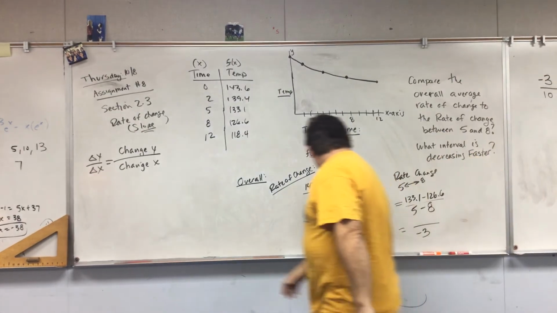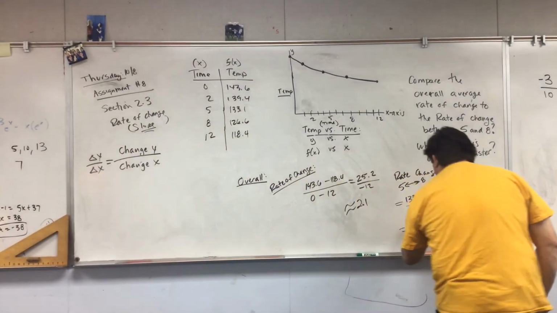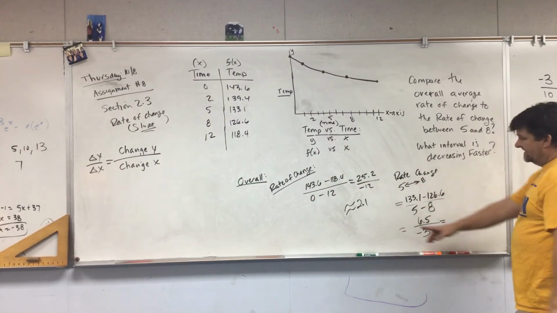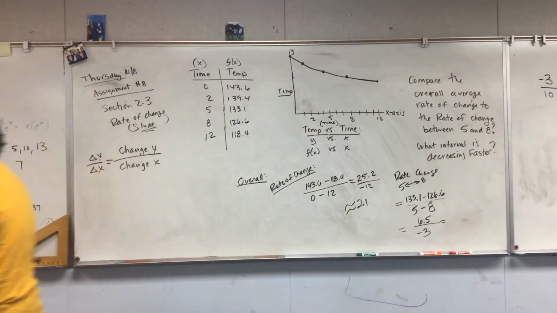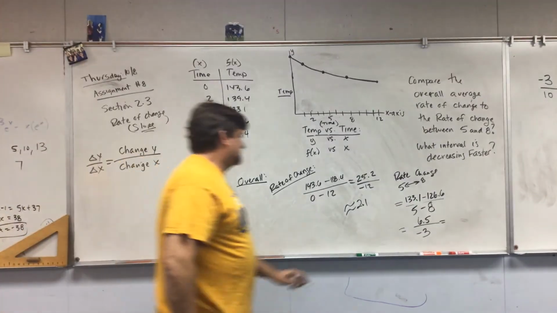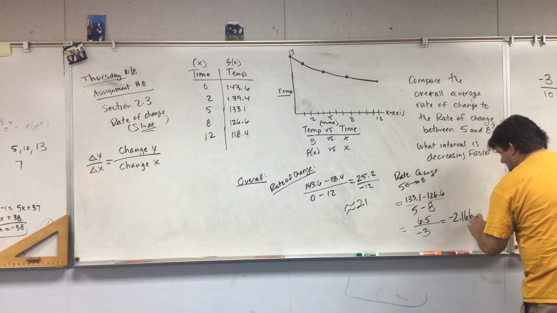And then I got to figure that 133.1 minus 126.6 is 6.5. So I'm going to have to figure out exactly, because these are pretty close right now. So 6.5 divided by -3 is approximately -2.167.